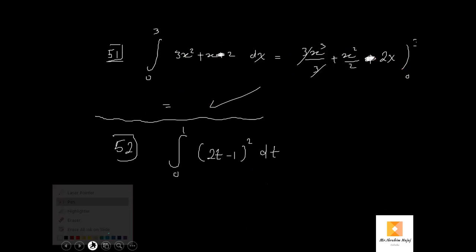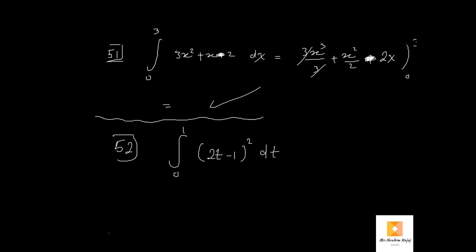Because it's a linear function, we work normally: 2t minus 1 to the power of 3 over the new exponent 3, times 2, the derivative of 2t, from 0 to 1 over 6.